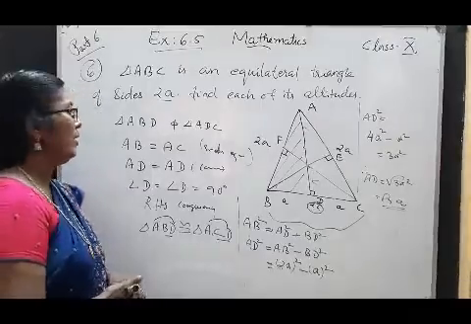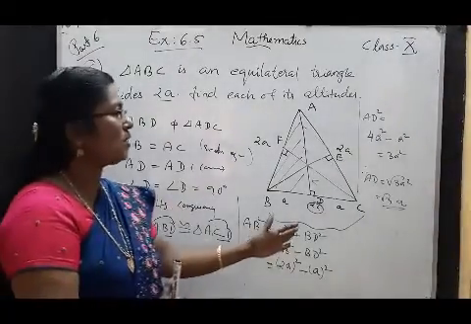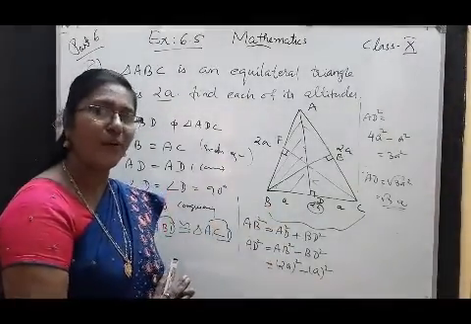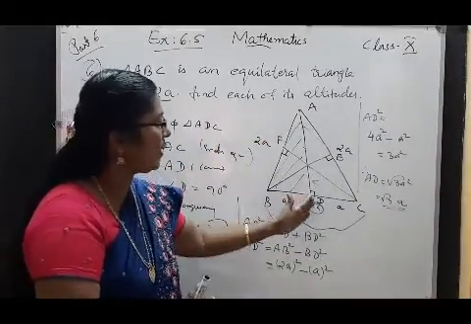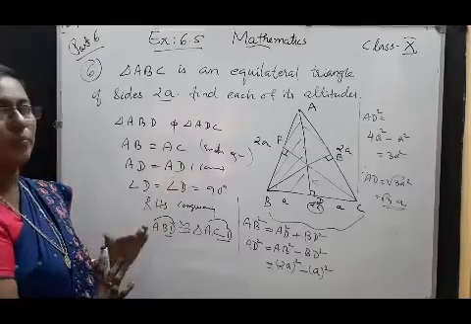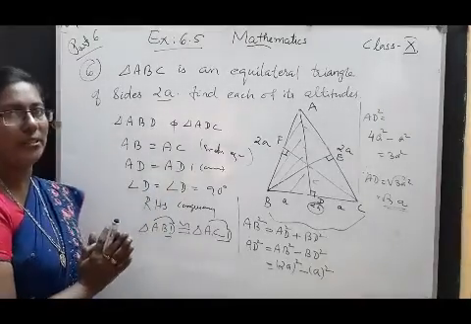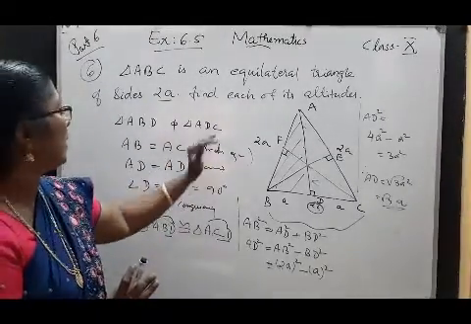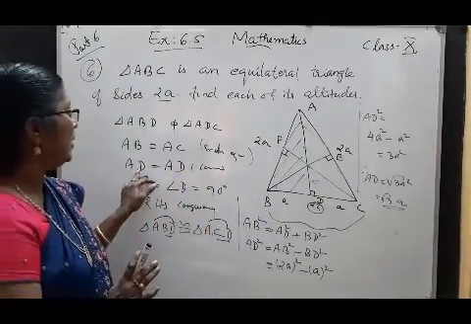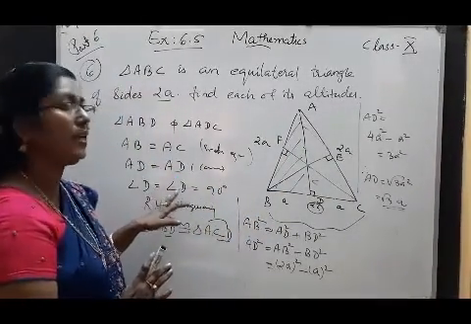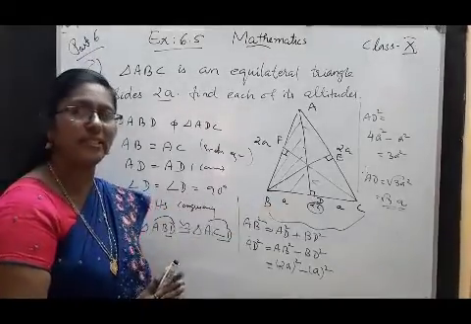Okay, clear? First of all, draw the altitudes. Altitude and median coincide. Then take ADB and ADC and prove that they are congruent. Here AB and AC are sides of an equilateral triangle, AD is common, and angle D equals angle D, 90 degrees.